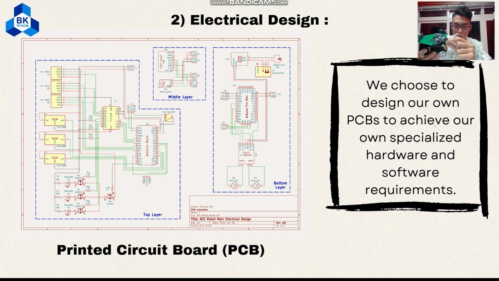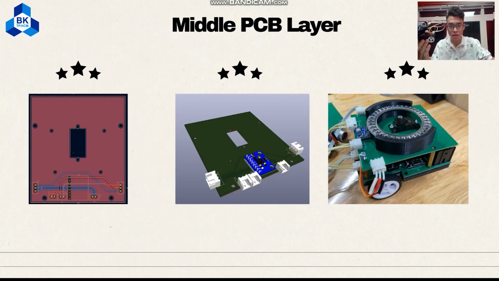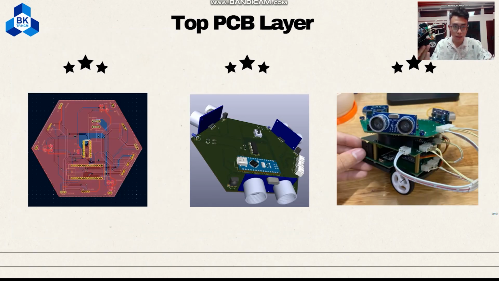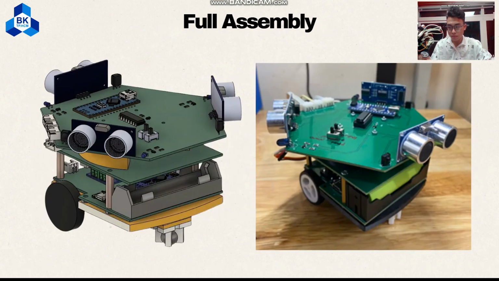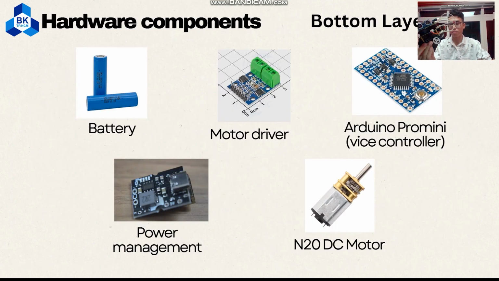And for the hardware components, the bottom layer is responsible for the motion of the whole robot, because there are 2 wheels right here. I can turn this robot here for you. There's a microcontroller to handle all of that, and also a power management system for the whole robot.